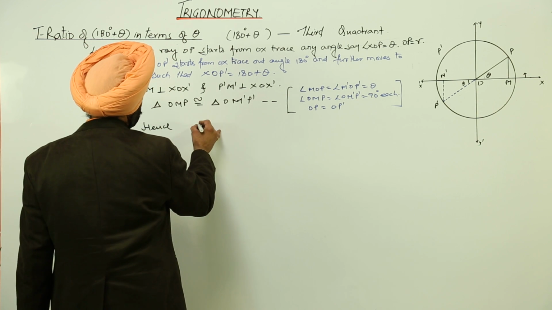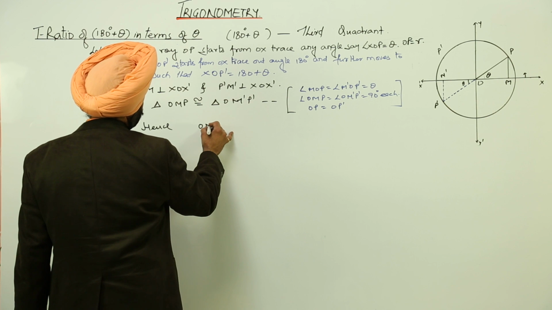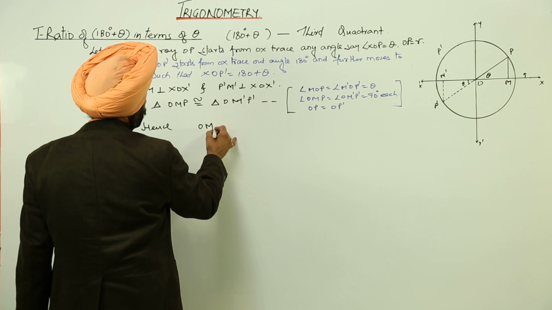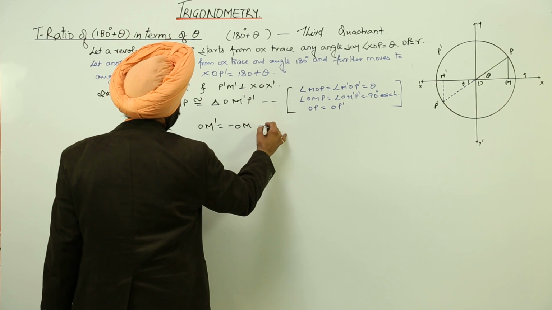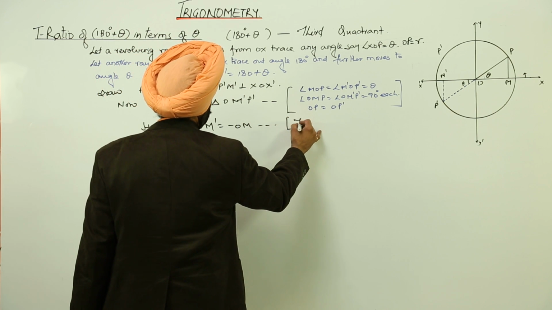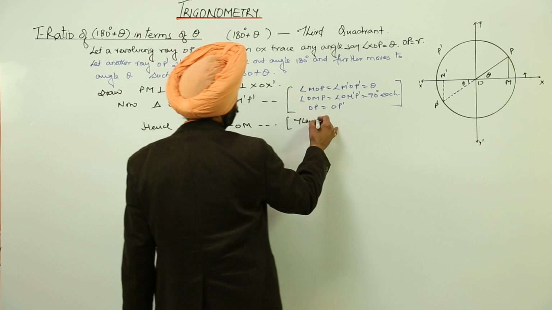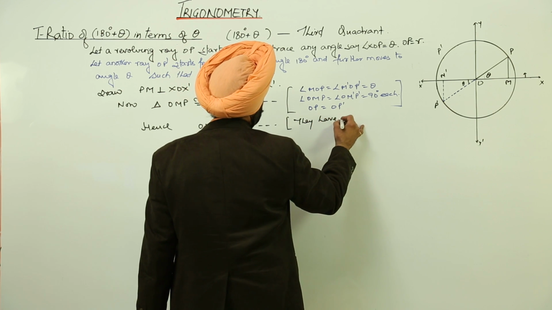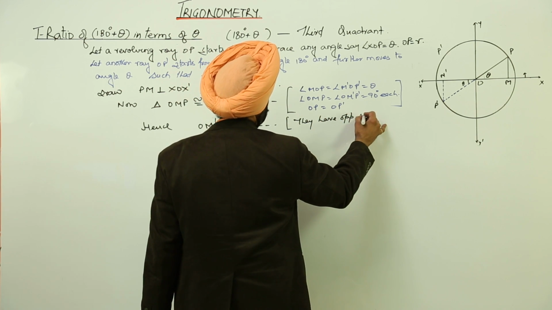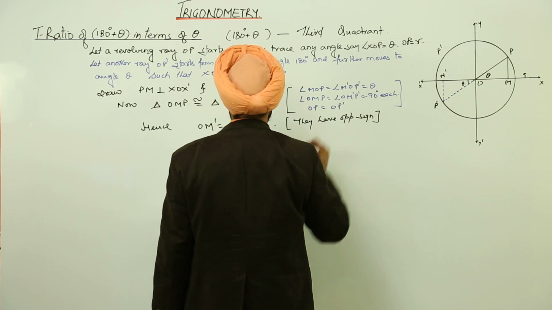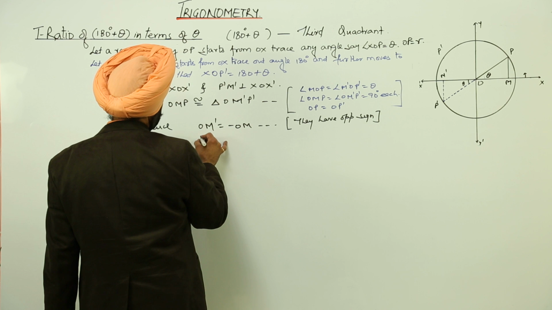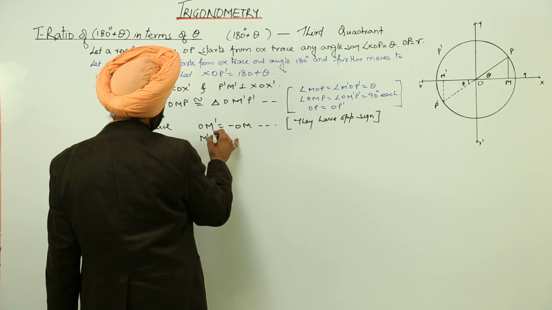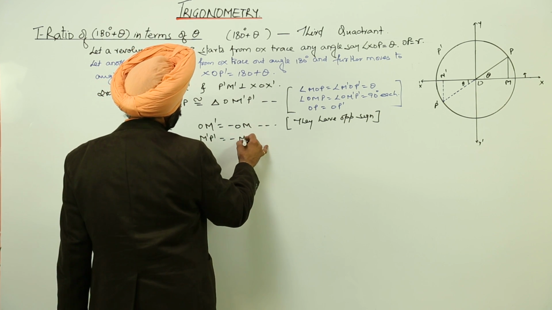Hence now we have OM dash equal to negative of OM. They have opposite signs. Then M dash P dash is equal to negative of MP.